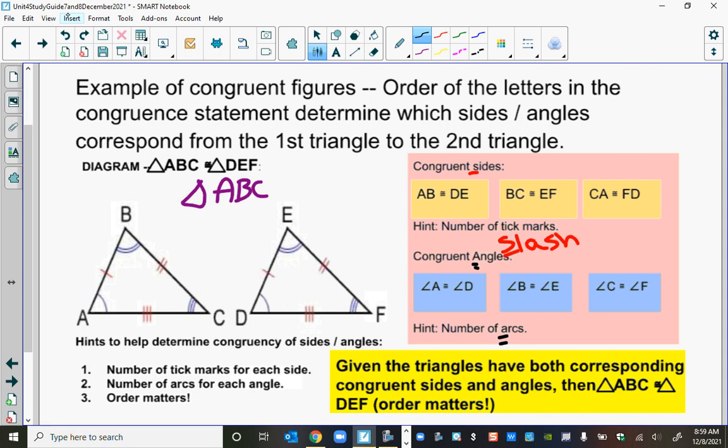And similarly, you'll know from the first and second triangle which angles match up with each other. So that's the important thing about the triangle congruence statement.